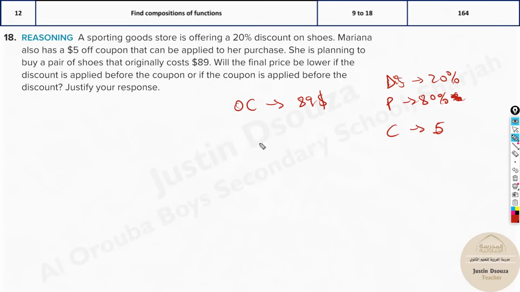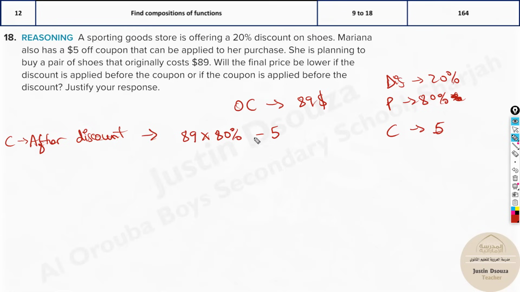So now one thing is, let's try after discount. That will be here, $89. The coupon is added after discount. $89 multiplied by 80%, because after discount you will have 80% of the price.